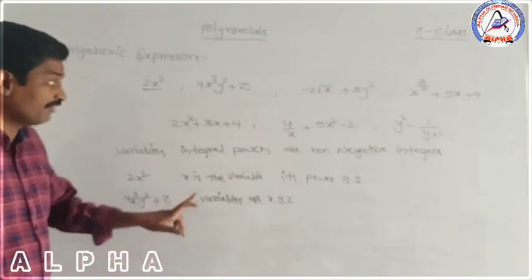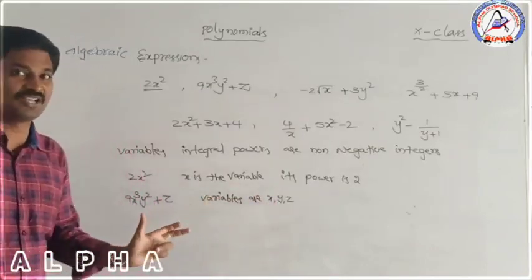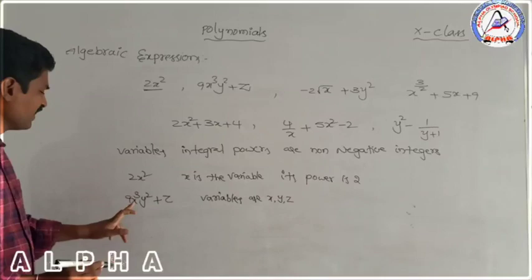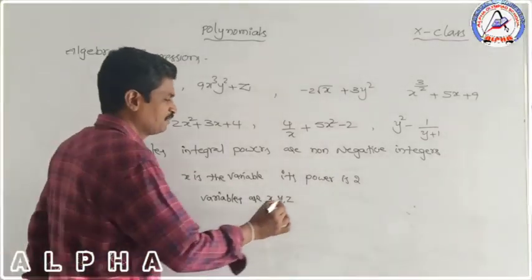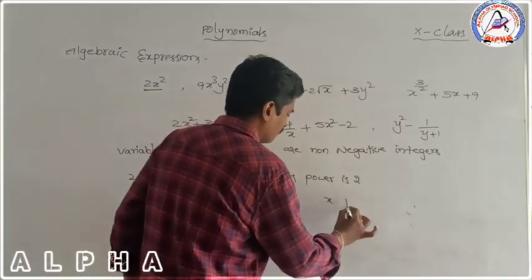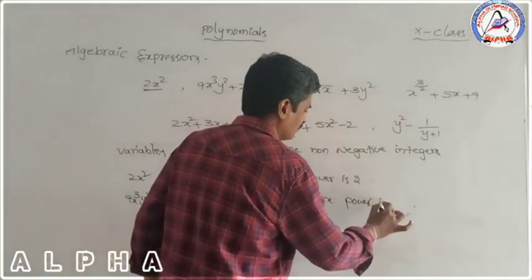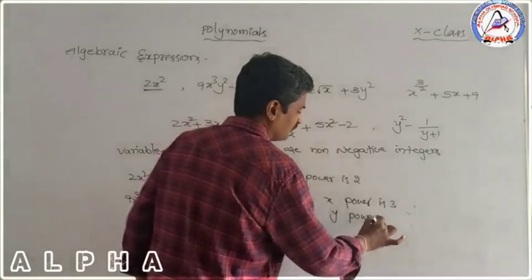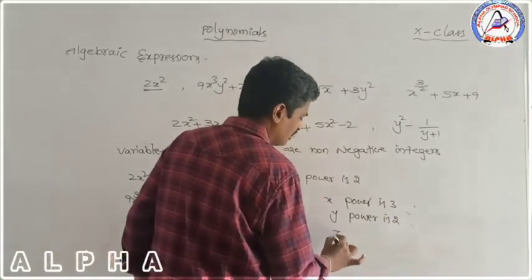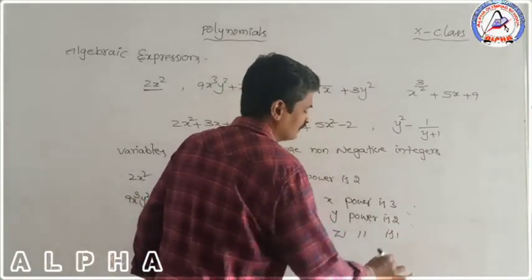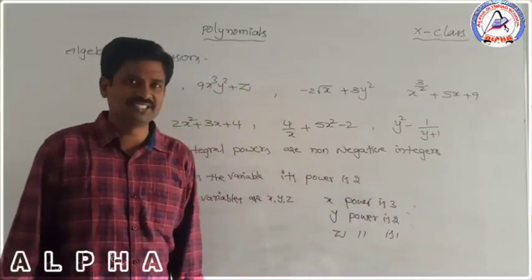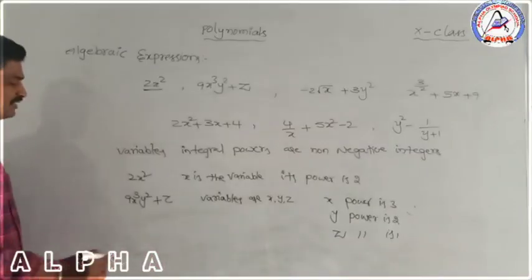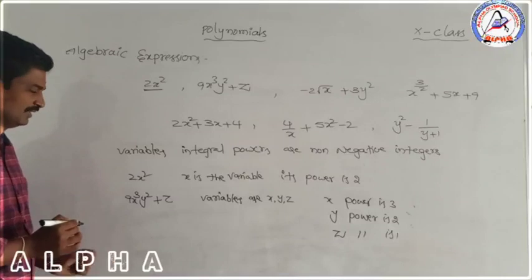Now we have to verify whether these variables' integral powers are non-negative integers or not. x power is 3, y power is 2 and z power is 1. See, all are non-negative integers.